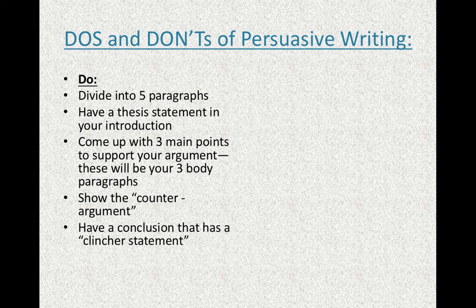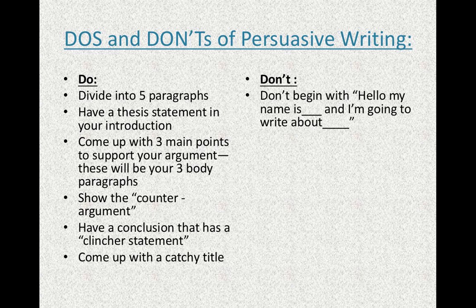You're going to show the counter-argument, and you're going to have that clincher, right, your concluding paragraph. You do not need to come up with a catchy title. In this case here, it's just going to be Tom Robinson, but sometimes in class I have you come up with a title. The don'ts: do not use your personal pronouns.